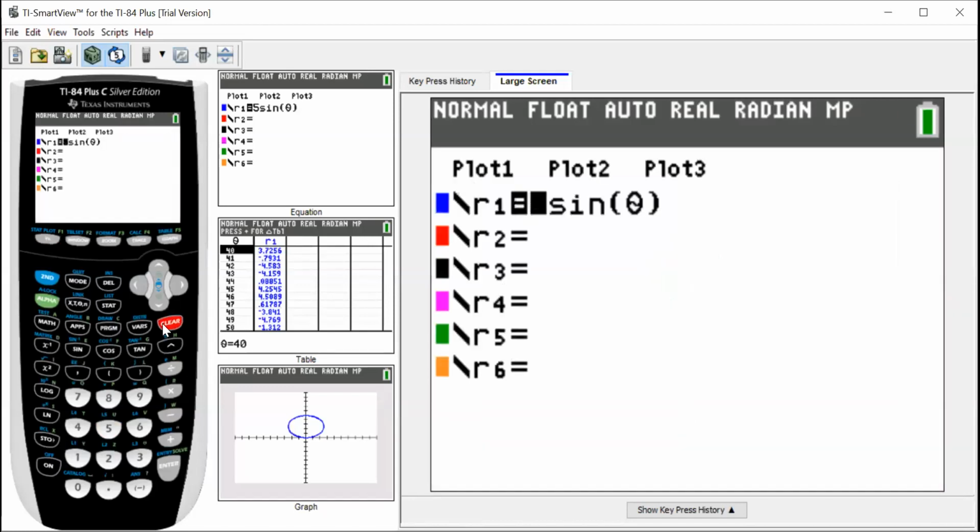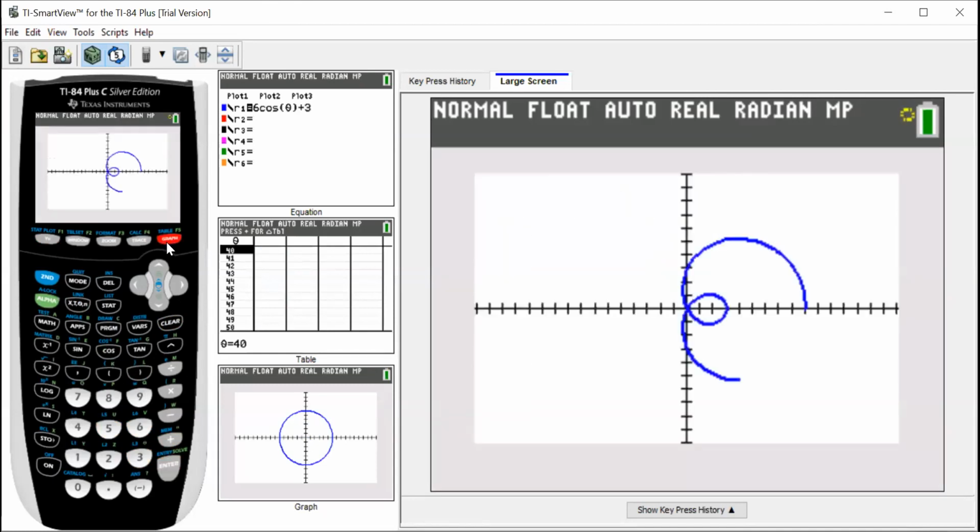We'll put in the 6 cosine theta plus 3, and then we'll graph it. And you'll see we get this interesting looking circle with a little loop-de-loop on the inside there. Okay. And if we were to graph the other equation, we would see something similar.